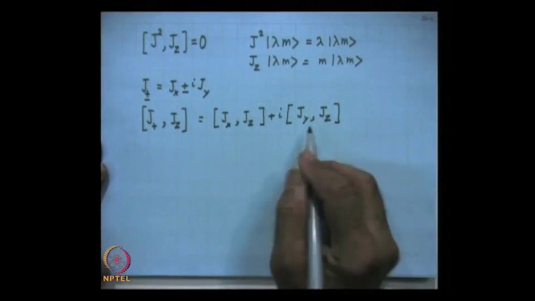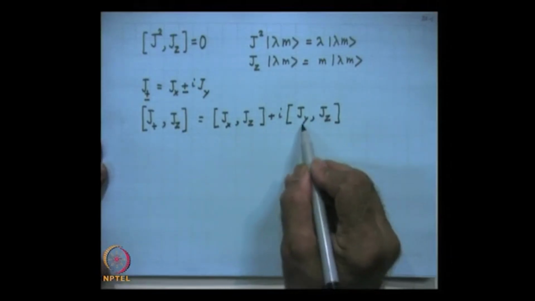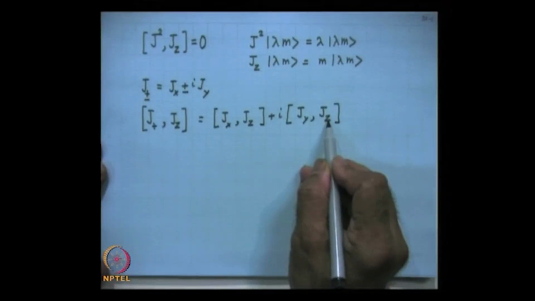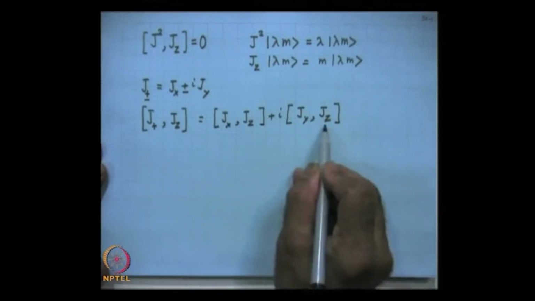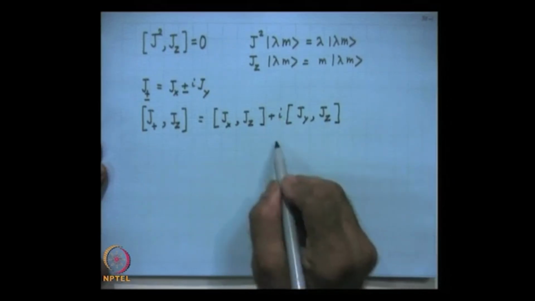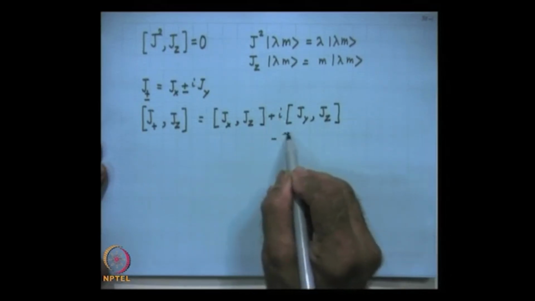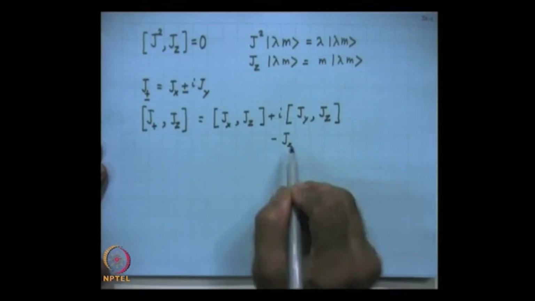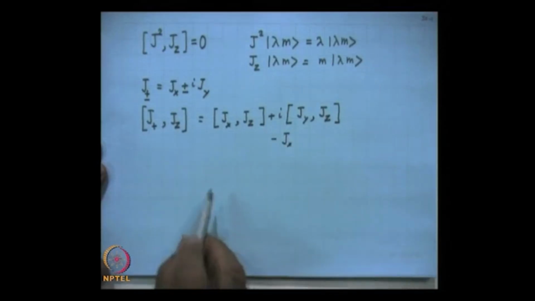Now, you know that the J y J z commutator is just i J x. So, this will be i times i, which is minus J x.